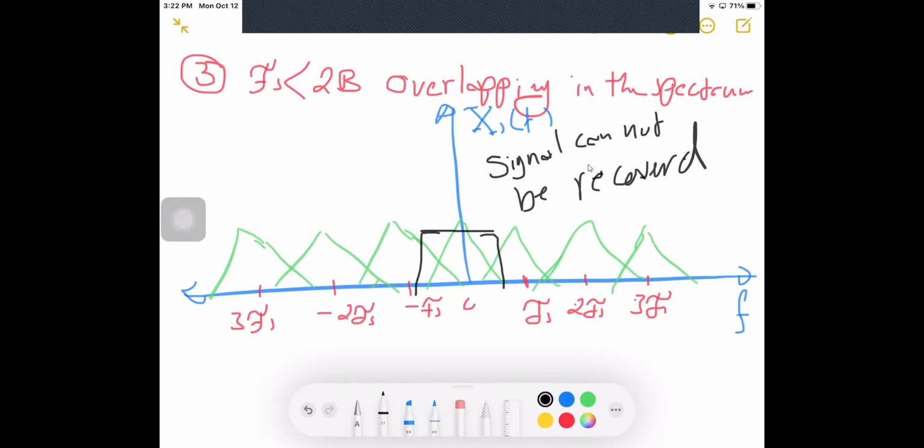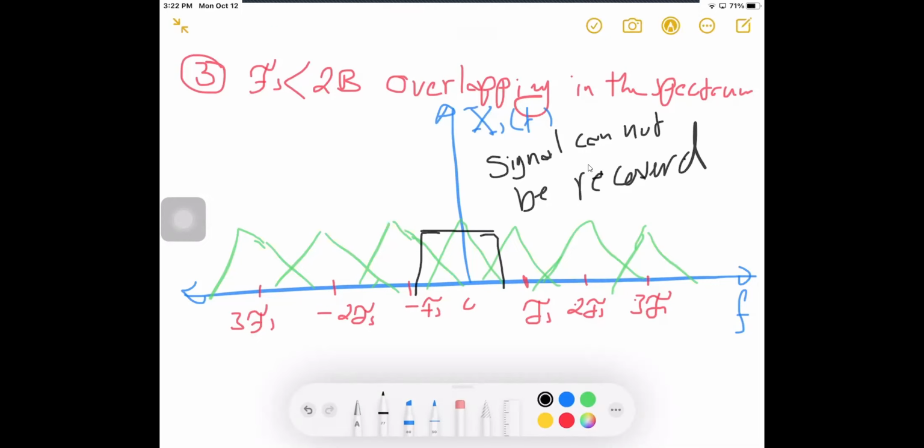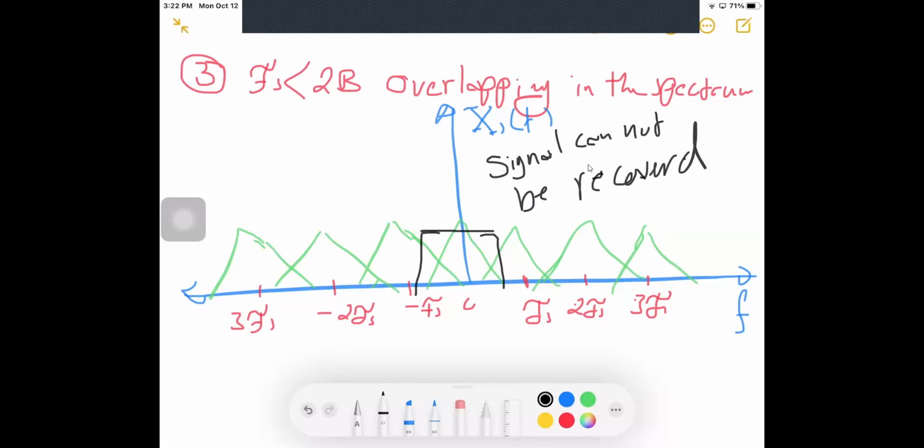By now we have discussed three cases. Case number one, when fs is greater than 2b. Of course, in this case we don't have any problems. Merely we need a low pass filter to recover the original signal. In the second case, we have talked about sampling frequency equals 2b. This is called Nyquist rate, and again we need a very sharp edge low pass filter to recover the original signal.